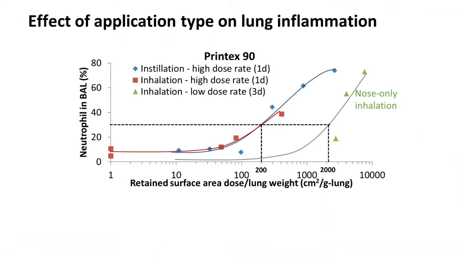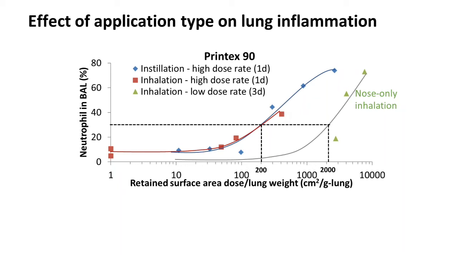So here's the issue of instillation, very different in terms of distribution in the lung, inhalation uniform, instillation not. Does that have an effect on the biological response? Here we have Printex 90 at day 1 again, neutrophil influx. Blue is the instillation data, and brown is the inhalation data with the ventilator-assisted inhalation, yeah, where within a few minutes we have the dose in.